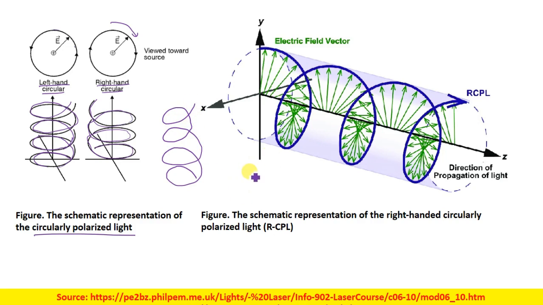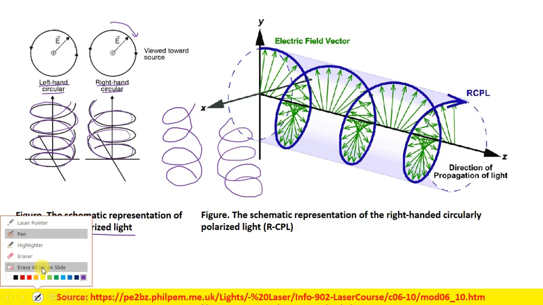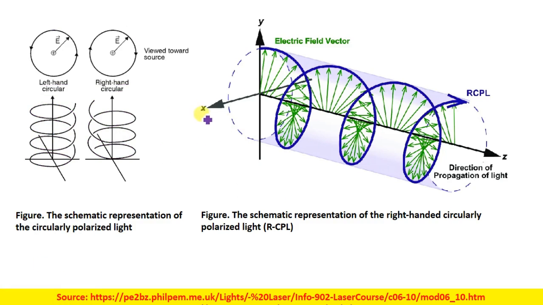Whereas in the case of right-handed circular light, you will start with the right hand movement and then it goes like this. So this is another representation of the electrical field vector, how they are moving. They are regarded as right-handed circularly polarized light, or RCPL. Similarly the left-handed circularly polarized light is regarded as LCPL.